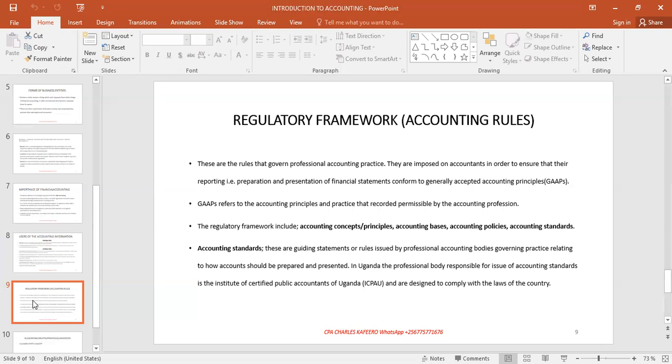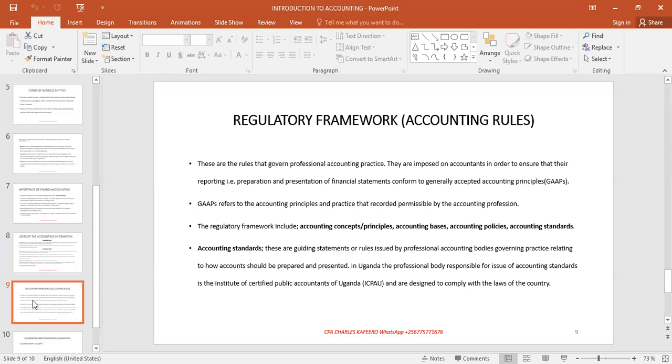The reason they set these standards is that when you're preparing financial statements, don't just base on any rule from anywhere. So they set those standards which guide the accountants on how to prepare certain documents, like the statement of financial income, the balance sheet, and everything, whether you follow those standards.